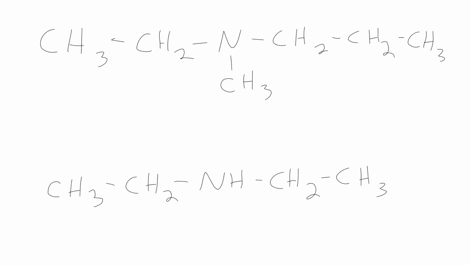We want to name a couple more amines. So the structure on the top, we're still dealing with an amine. We see the nitrogen in there. So we definitely have an amine, so I'm going to get that amine ending. Then we're looking at naming the branches that are coming off of it. Well, on the left-hand side, what do we have?